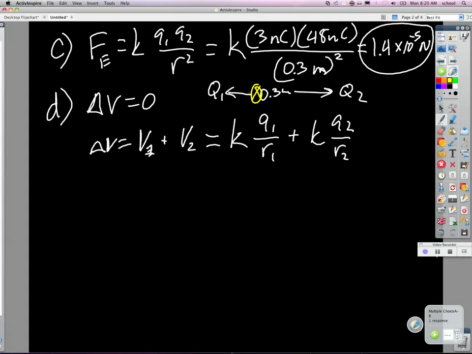So back to it, the K's cancel, and we can replace R2. R2 is going to be 0.3 minus R1. So this becomes Q2 over 0.3 minus R1. And now have an algebra party.